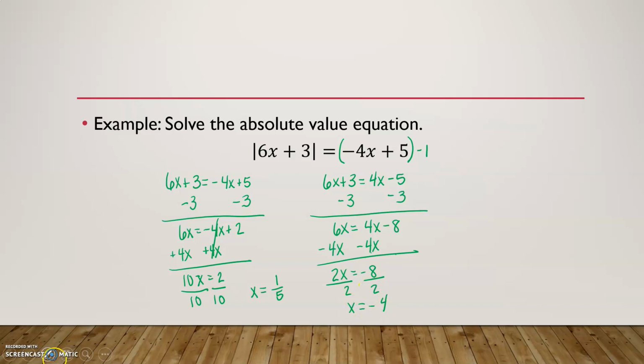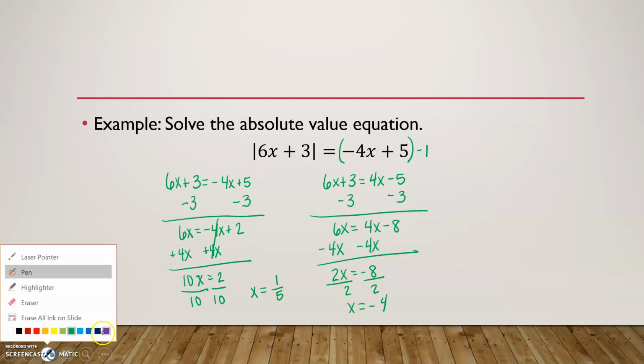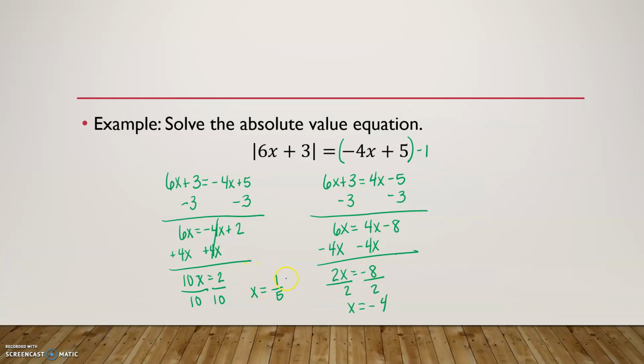All right, checking my work. This is where checking your work comes in handy. If I hadn't caught that mistake with the minus 3, I would have caught it there because something wouldn't have worked. So if I plug in 1/5, I get 6 times 1/5 plus 3 equals negative 4 times 1/5 plus 5.